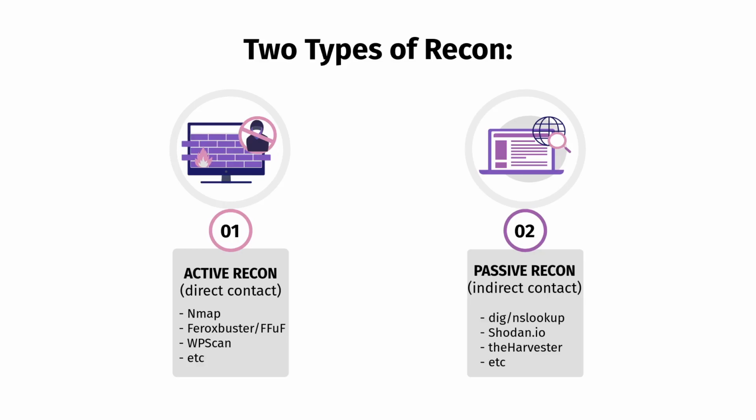Other good passive recon, oh, sorry. Go on. I was just going to explain the difference between active and passive recon if you want to throw in another tool. I was just going to throw in one other good passive recon: there are tons of various tools that search through Git repos. If you're ever working with source code or a particular Git repository, being able to search through it for any keys or past credentials is a good way of doing recon.